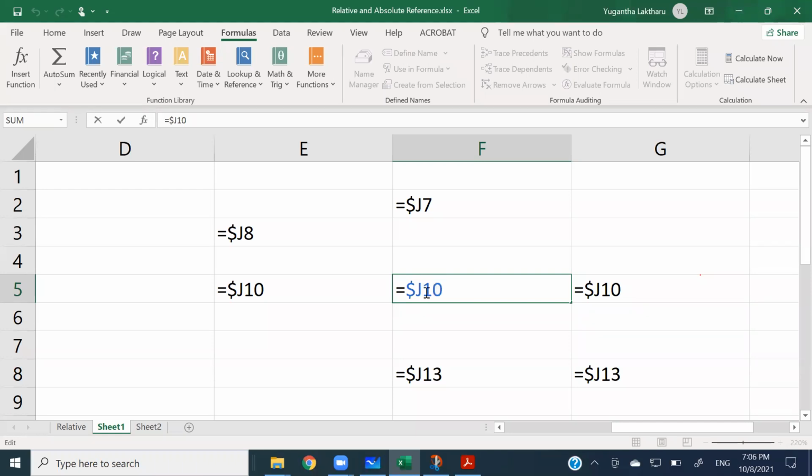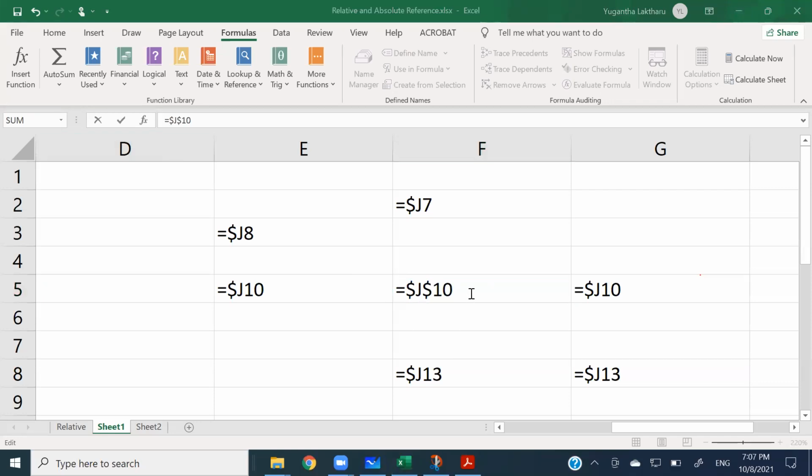That means I'm going to put a dollar sign over here. So now my J is not going to change because it has a dollar sign at its left. My 10 is also not going to change because it has a dollar sign at its left. Right?